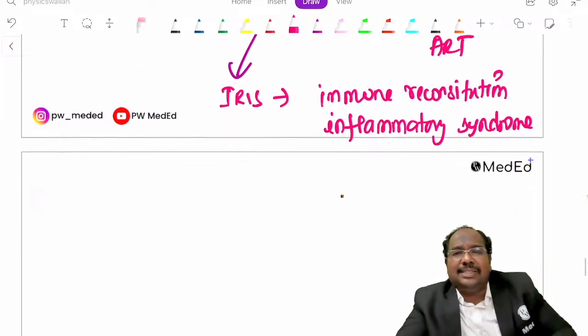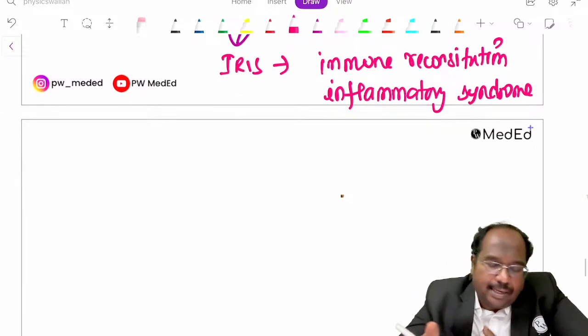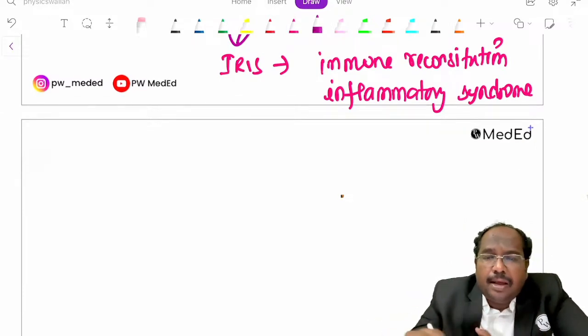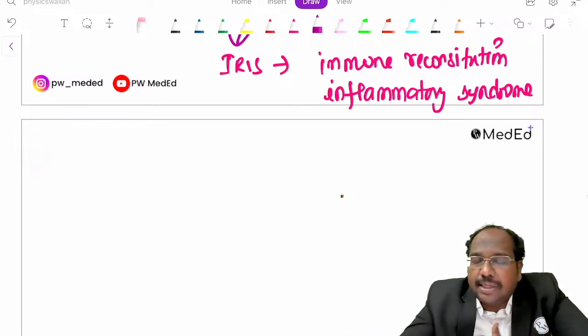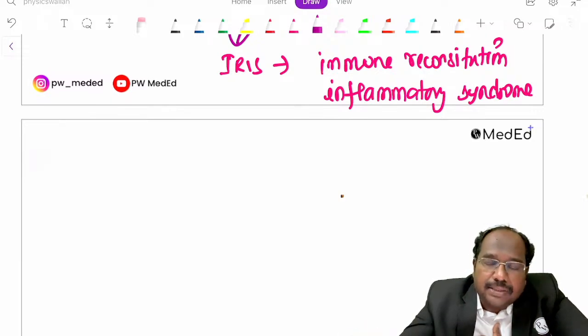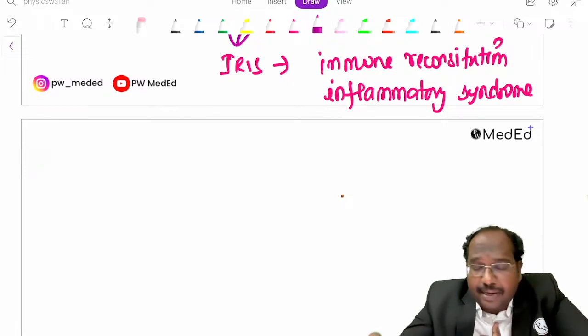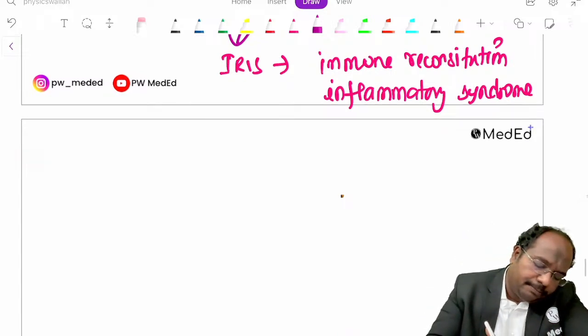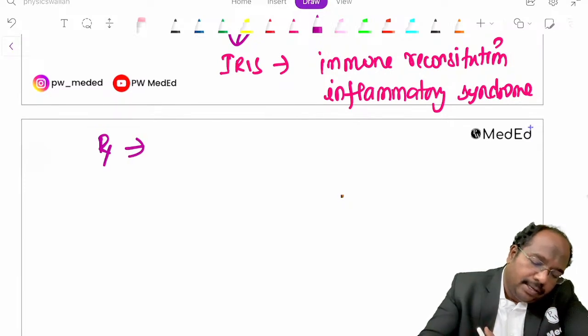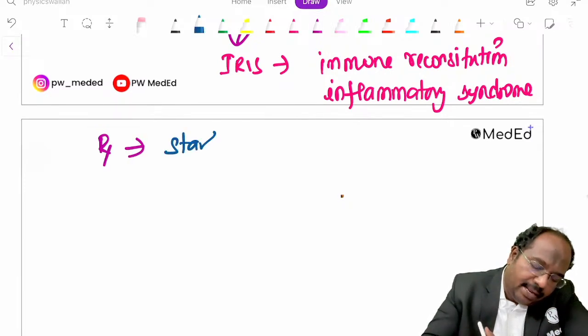Now what is the guideline for TB treatment and HIV treatment? If anybody is suspected to be HIV positive, we have to send them to the ICTC, where they undergo pre-test counseling, testing, and post-test counseling. After that, if positive, they will go to ART centers. In ART centers, what are the current guidelines? Start immediately, lifelong treatment.